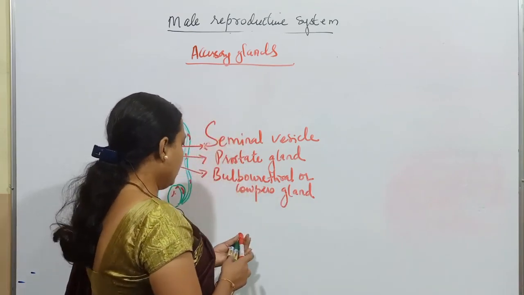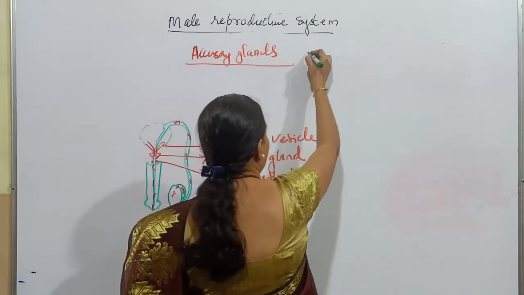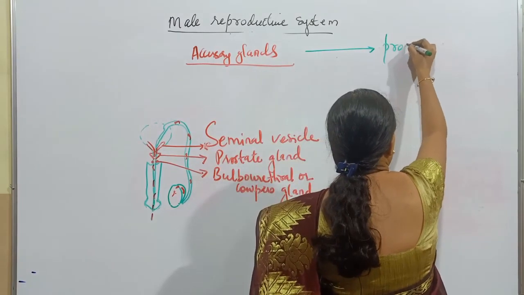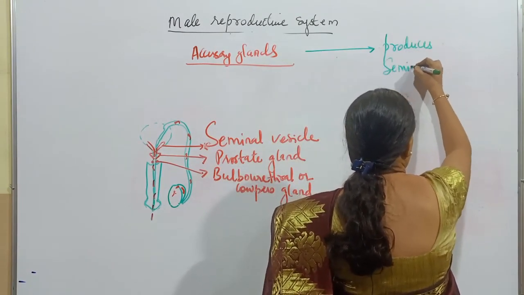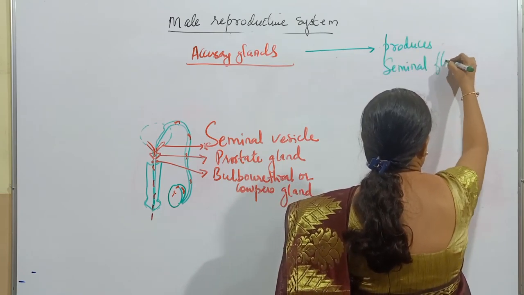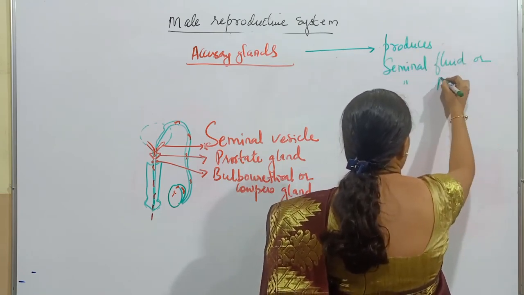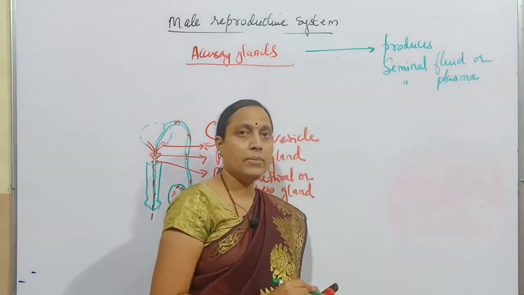So that is the function of the accessory glands. They produce seminal fluid, also called seminal plasma.